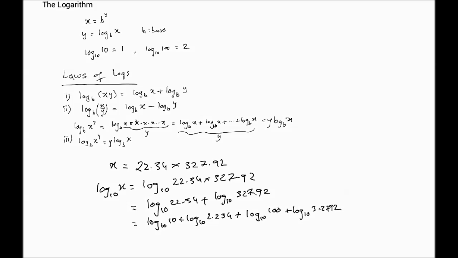Log to the base 10 of 10 is 1, log to the base 10 of 100 is 2, so that's 3 plus log base 10 of 2.234 plus log to the base 10 of 3.2792. Now you just go look up a log table.